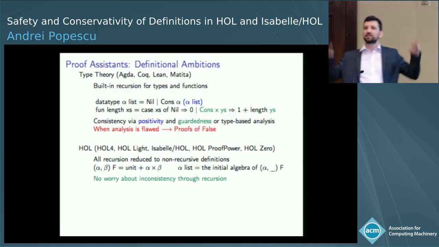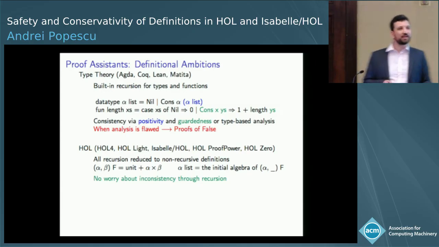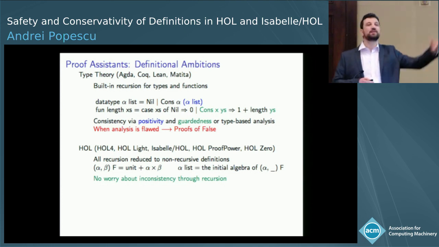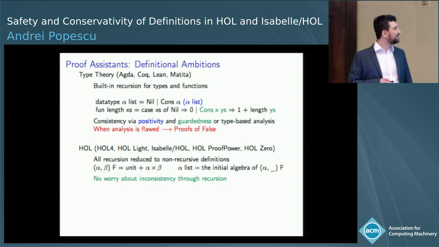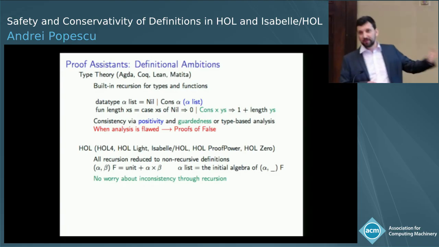On the other hand, you have the safer provers, the HOL family, the higher order logic, that sacrifice a lot of expressiveness. They sacrifice dependent types, by the way. So this is a big loss. Not all of them. PVS has dependent types as well, but most of them. And there is a different approach to the recursive definitions.